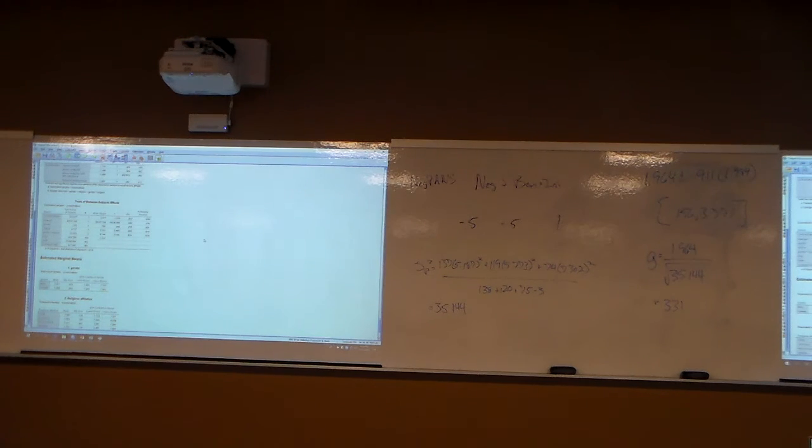Okay. What does that interaction mean? In terms of conservative reports, there is an interaction between gender and religion.